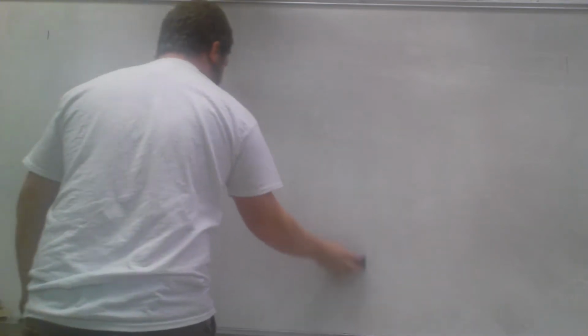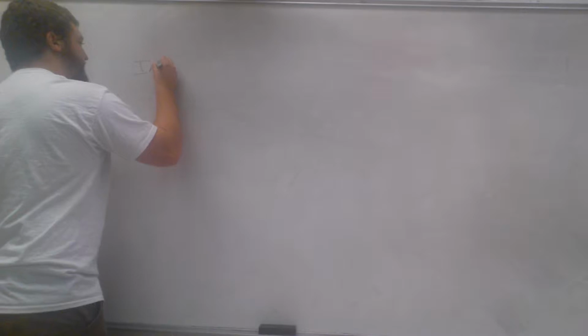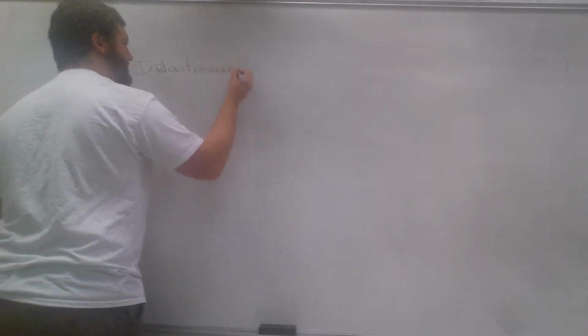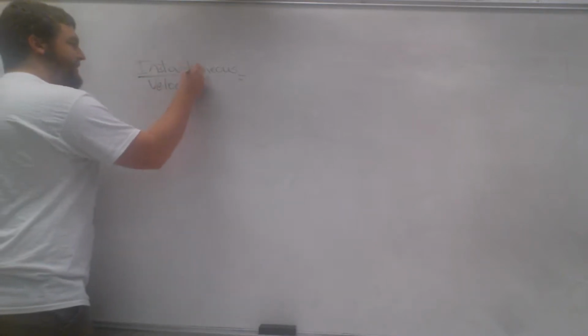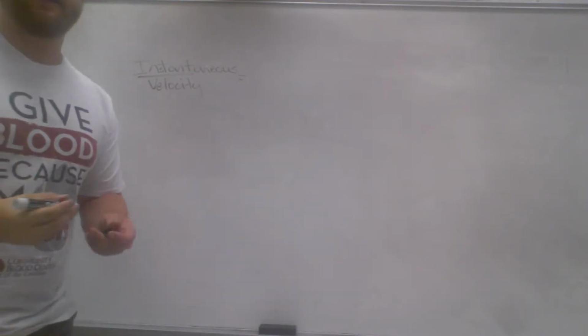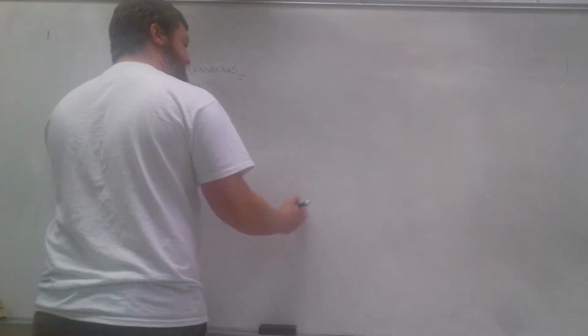However, if I give you this, okay, I'm going to get rid of my delta, now, is instantaneous velocity. And I'm kind of flying through this because I know you've had a lot of it. Instantaneous velocity is velocity in an instant, okay? It's in a single moment of time. So average velocity is over a course of time, so t0 to t1, okay? Instantaneous velocity is at that very, very millisecond.